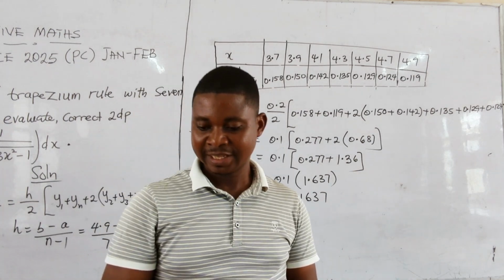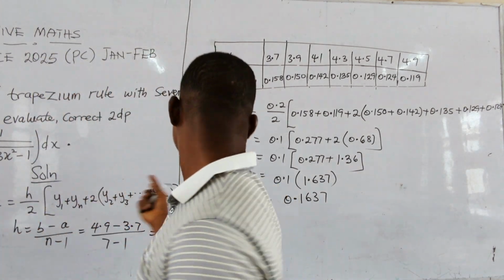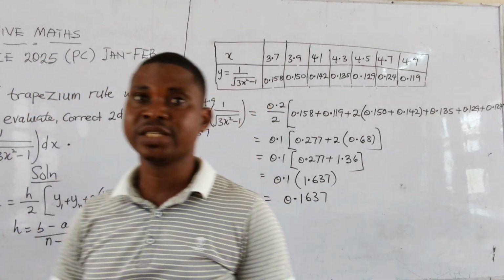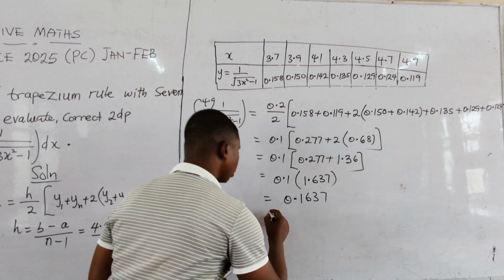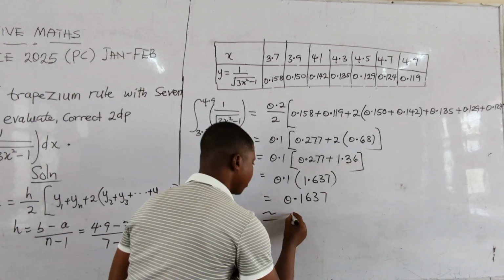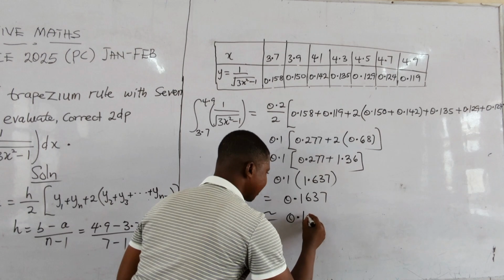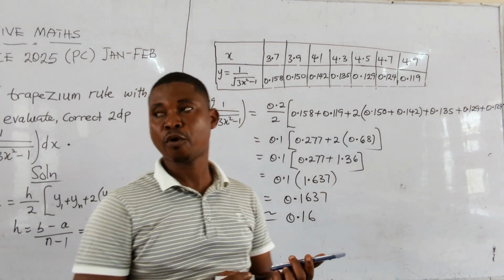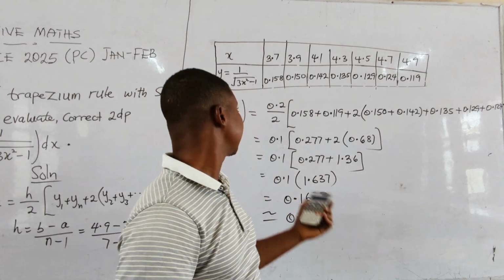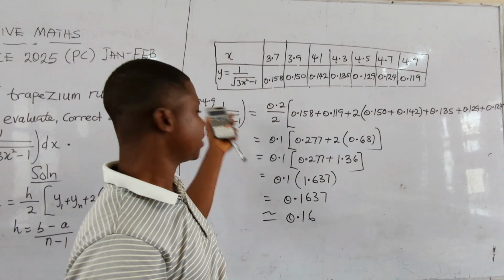But our question told us to solve it in 2 decimal places. So in 2 dp, we have 0.16. And this gives us the solution to this question.